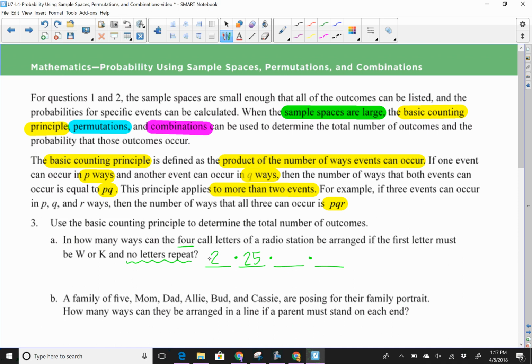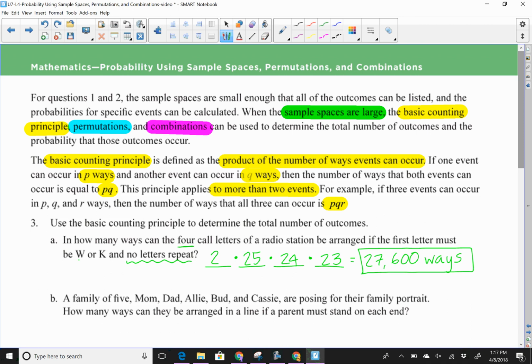So if I have a letter here and a letter here, then I'm left with 24 letters and then 23 letters. So you multiply that out, and you get 27,600 different ways for call letters of a radio station. And in case you didn't know, W means you're east of the Mississippi and K means you're west of the Mississippi. Okay, so that was the basic counting principle.